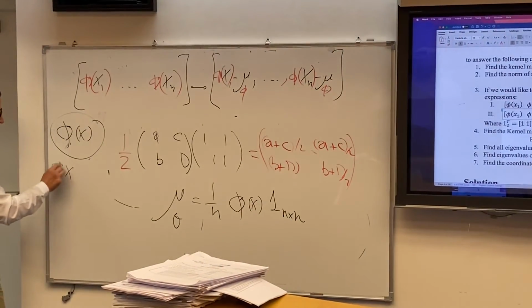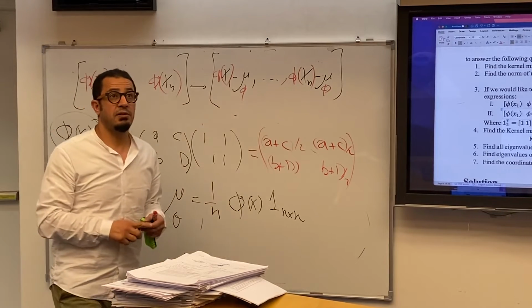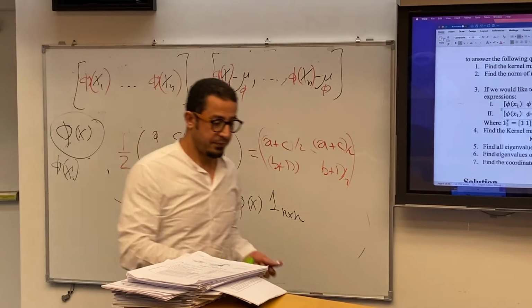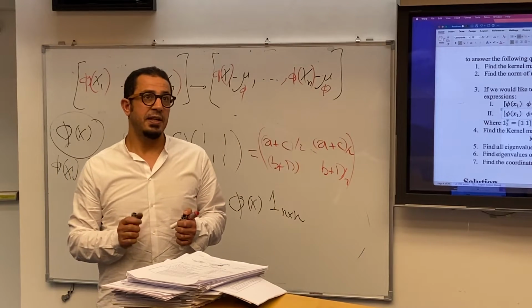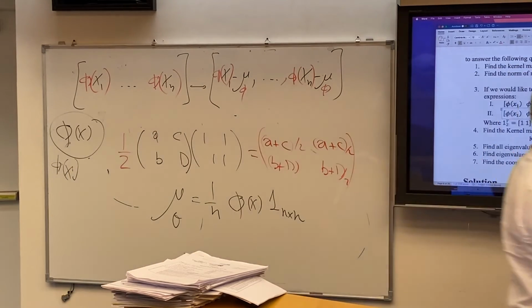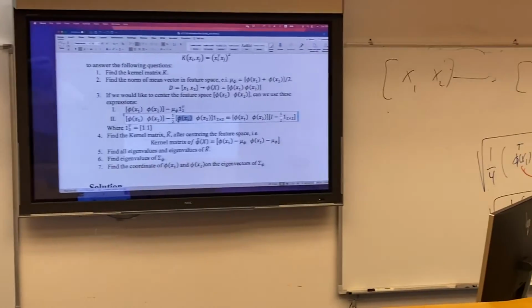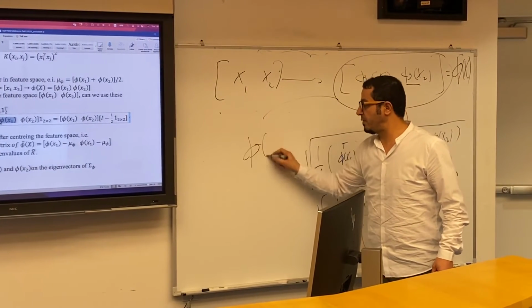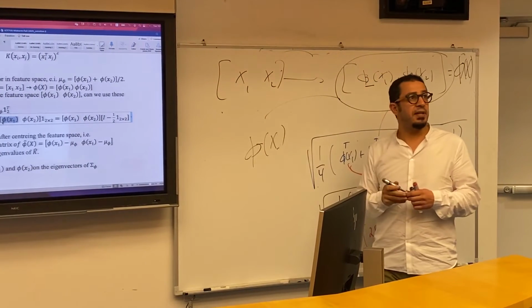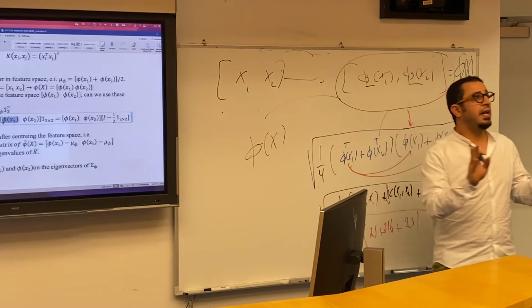If I put something like this, it means just a specific vector of the new space, okay? Clear? So here, for example, what is this one here, please? This is a vector, this is a vector. All this one here, I will just call the matrix phi of X without specifying the index. Clear? Yeah.